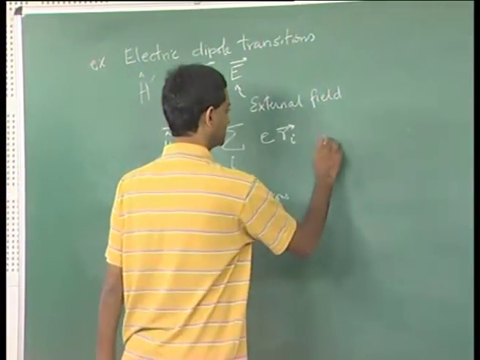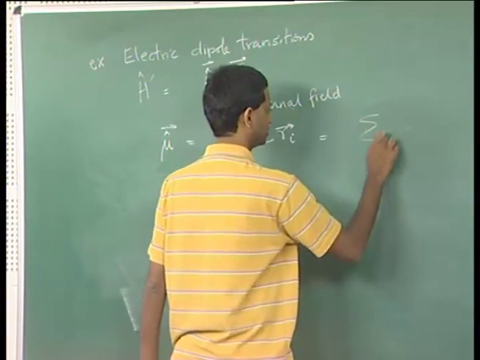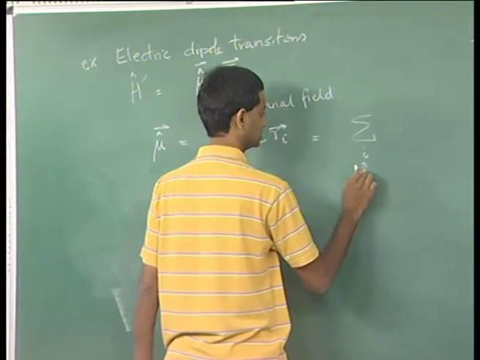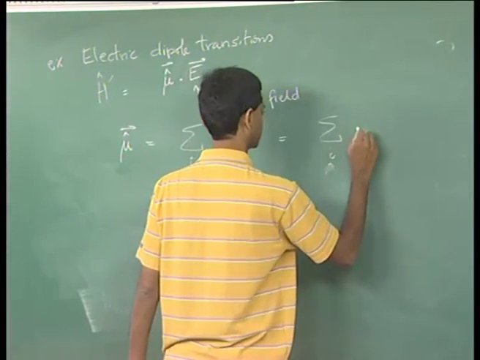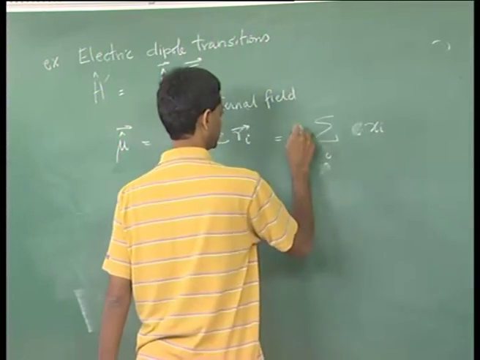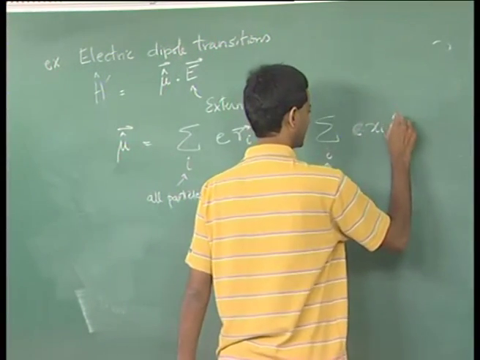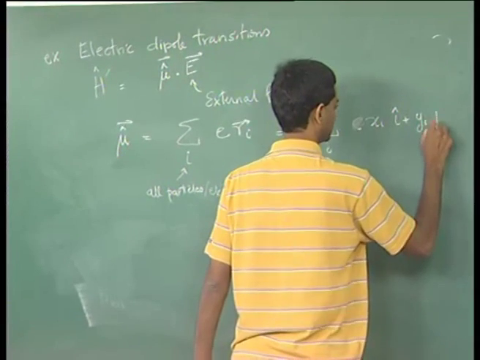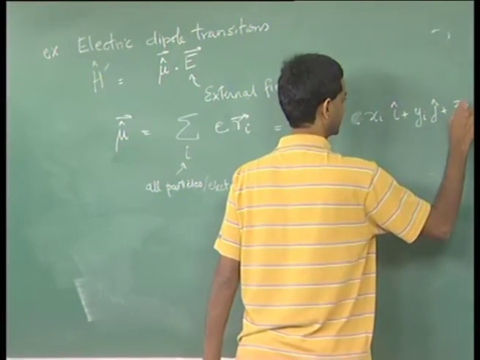This can be written as a sum over all particles of e xi. So I will take the e outside: xi i hat plus yi j hat plus zi k hat.